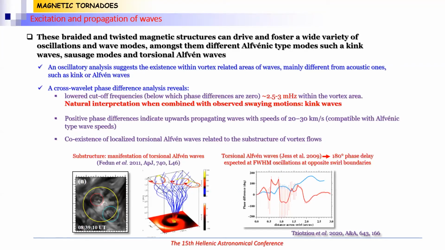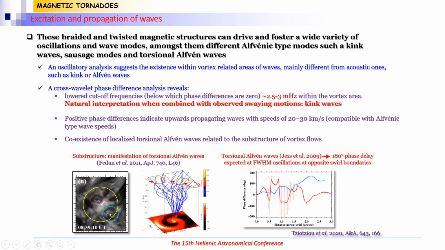What this analysis also indicated is that there is a coexistence of localized torsional waves, and this has already been suggested by simulations in the paper by Fedun et al. in 2011, as we see on the left panel. But also it has been suggested that when you look at phase differences of full width at half maximum oscillations of the H-alpha profile, then you should expect at the opposite boundaries of the vortex flow to have a 180 degree phase difference delay.